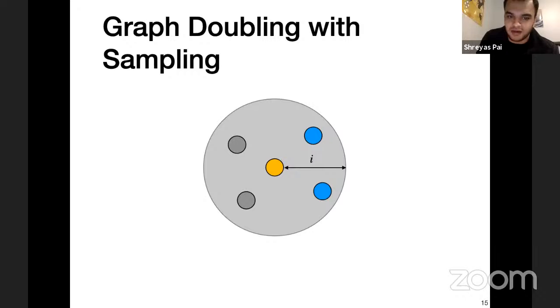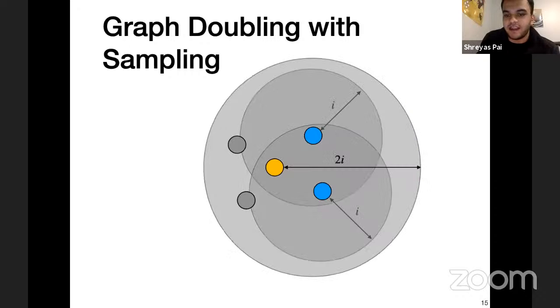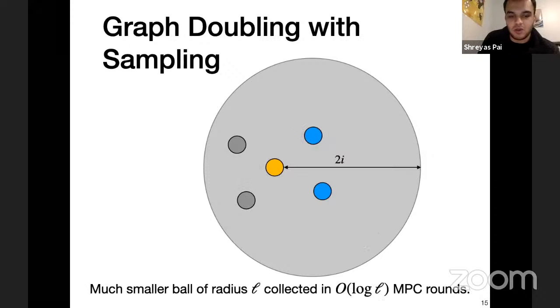Then we can just not gather the balls around these two vertices and still get a 2i radius ball, which is much smaller, and still be able to simulate an L-hop CONGEST algorithm around the orange vertex. So we have a much smaller ball of radius L that is collected in log L MPC rounds. And because this ball is much smaller, we can make L larger to simulate more CONGEST rounds much faster.